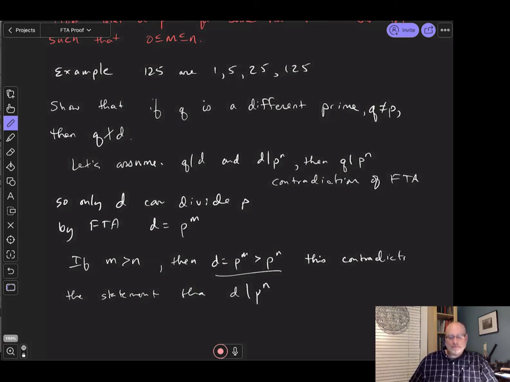So basically there we're done. Therefore, 0 has to be less than or equal to M, which is less than or equal to N. So M is in between them.